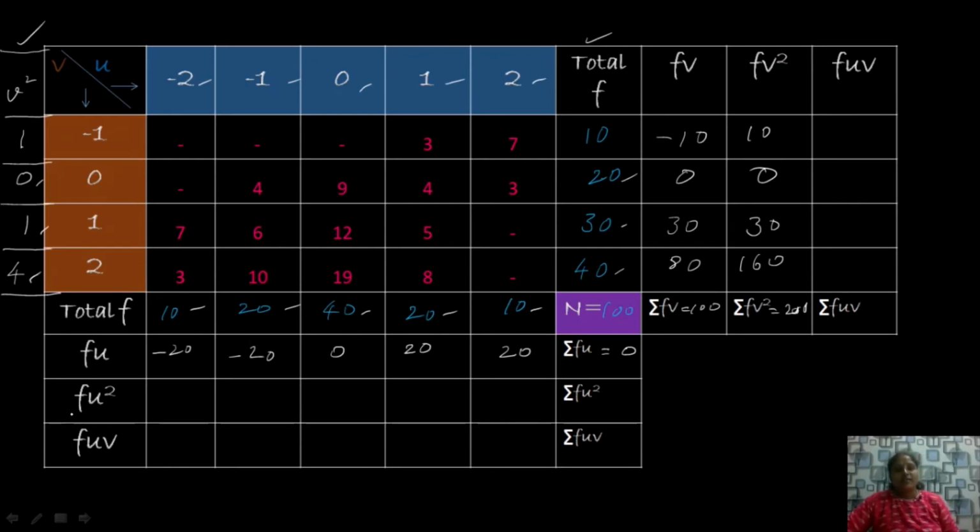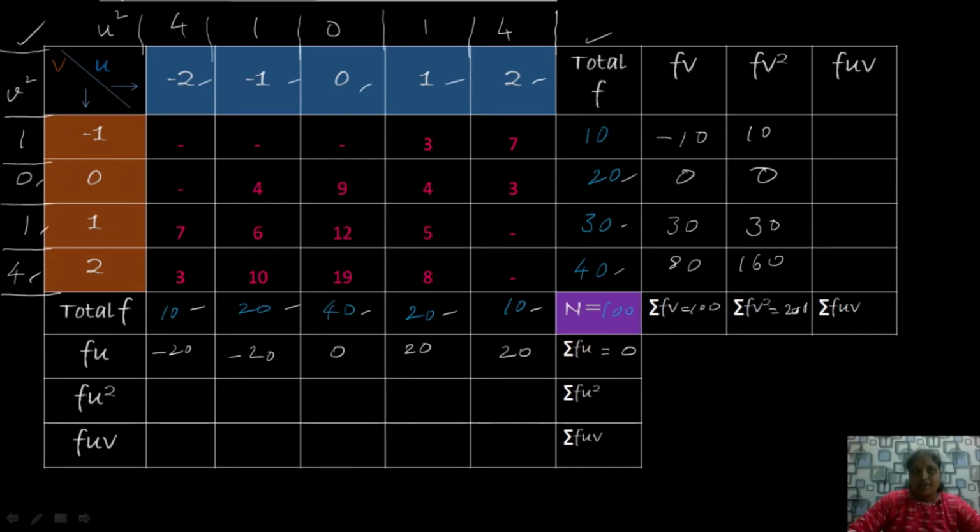Next, multiply the value of F with U square. These are the values of U. So first we have to calculate the value of U square. Squaring the value of U, that is minus 2 square is plus 4 and minus 1 square is plus 1. 0 square is 0 and 1 square is 1 and 2 square is 4. Now we have to multiply the value of F with U square.